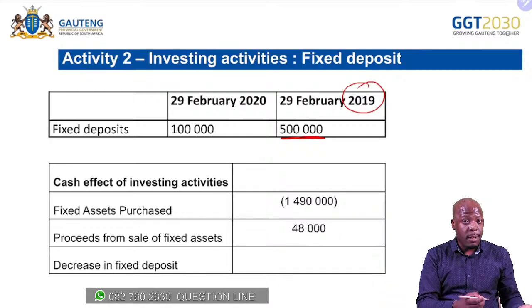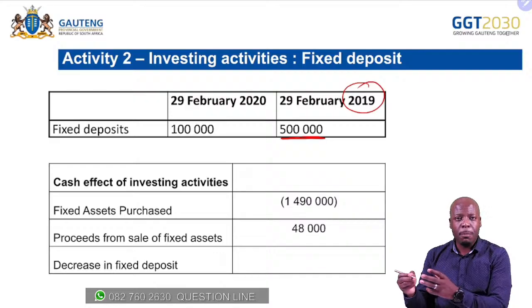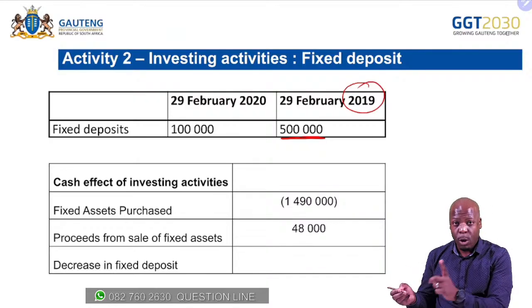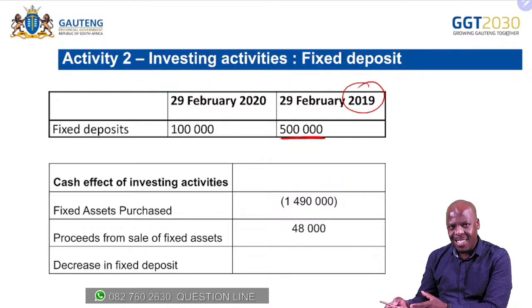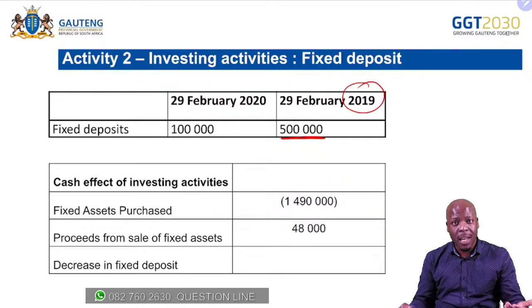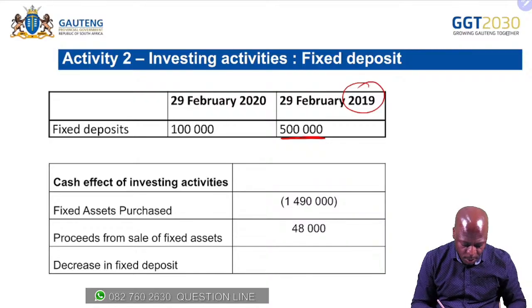There is a decrease in our investment. What does that mean? It means the fixed deposit has matured. Already you understand. When a fixed deposit matures, it becomes part of our cash. So we have a cash inflow, a fixed deposit which has matured. So we have a decrease in fixed deposits.